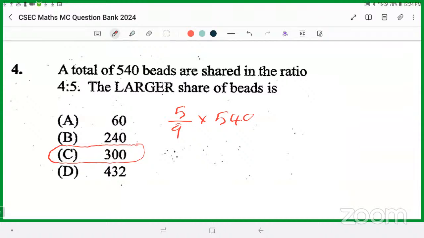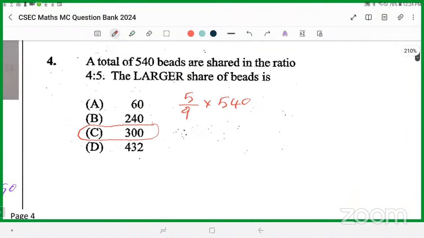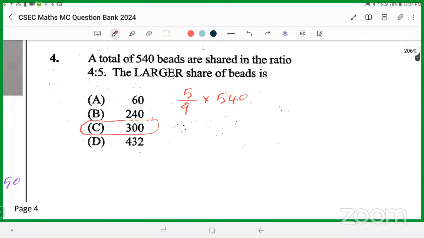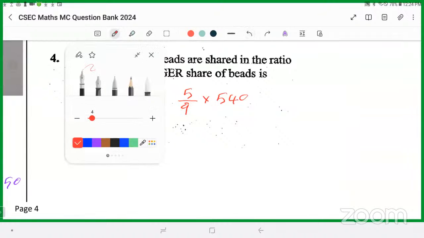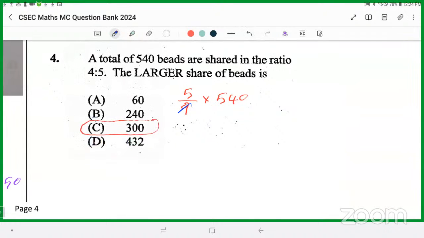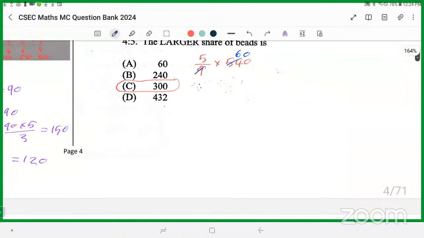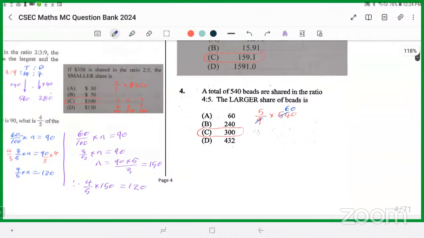Total share is 9 parts. The larger part is 5 out of the 9. It's 300. This into this is what? 6 times. If you cancel it down, this into this is 6 times, so you get 60. 5 times 60 is 300. All right, that finishes that one.